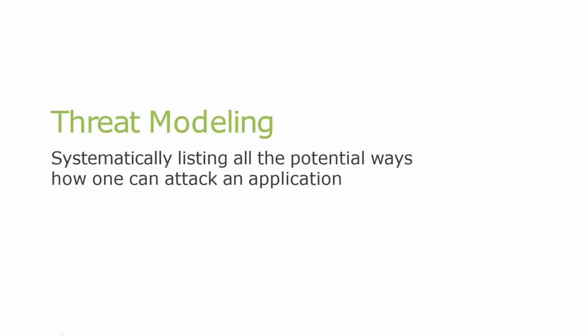So threat modeling is basically systematically listing all potential ways one can attack an application. Let's say you have applications, or you already have applications, and you're going to list out all the possible ways in which a hacker will attack your applications.